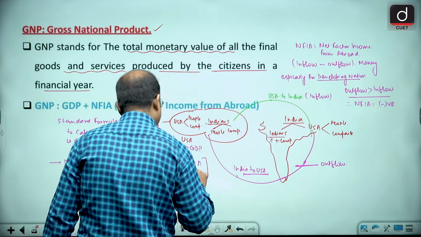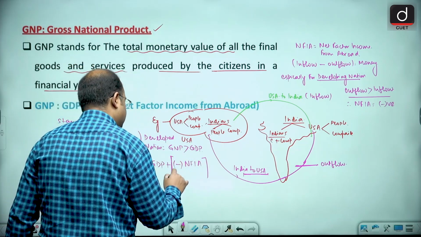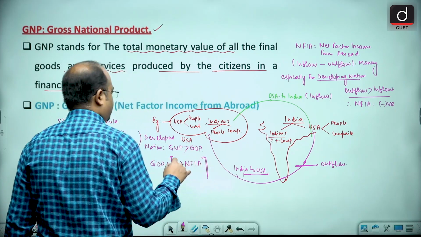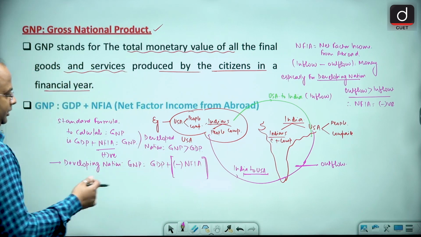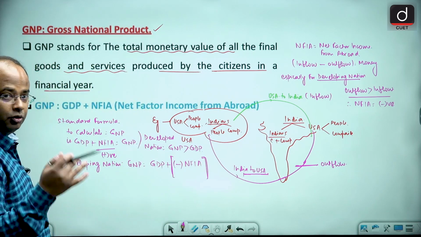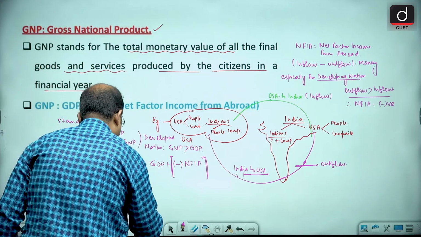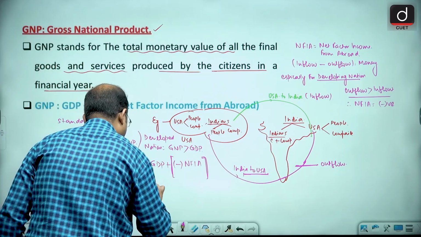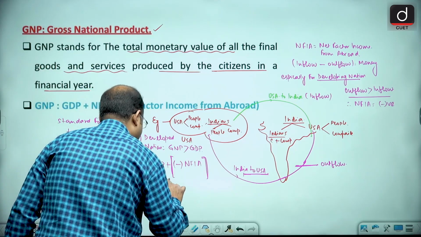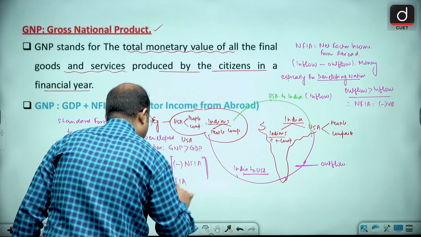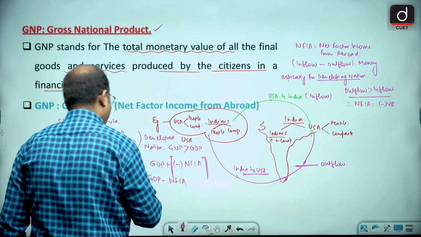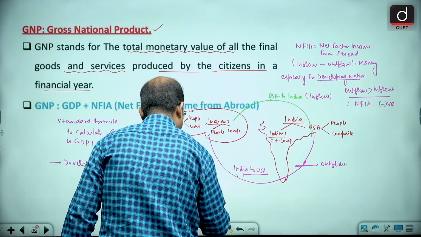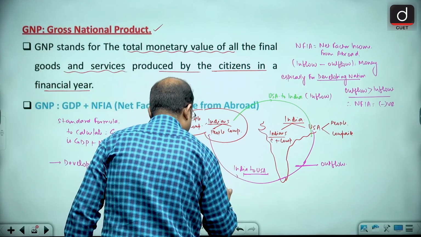Reason is this guys that the outflow of the money is more than the inflow. Therefore, GNP becomes GDP minus NFIA.